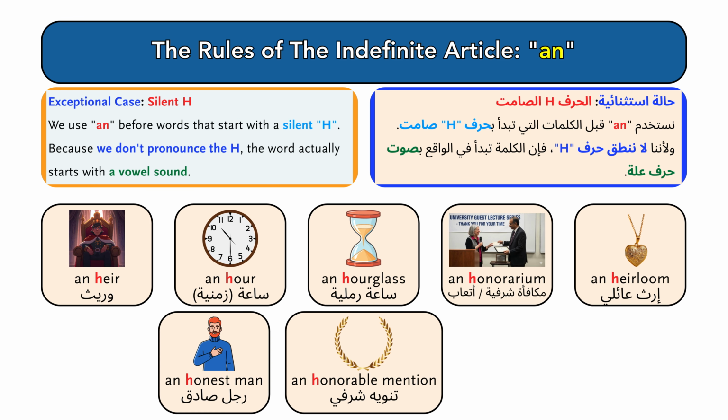Just like before, we have an exceptional case for an. Remember, we care about the sound. We use an before words that start with a silent H. Because we don't pronounce the H, the word actually starts with a vowel sound. Let's look at these examples carefully. An hour.